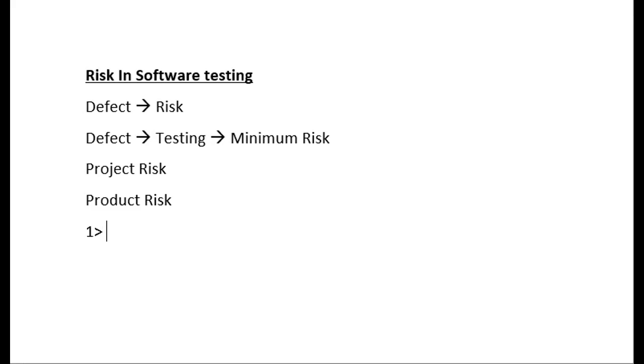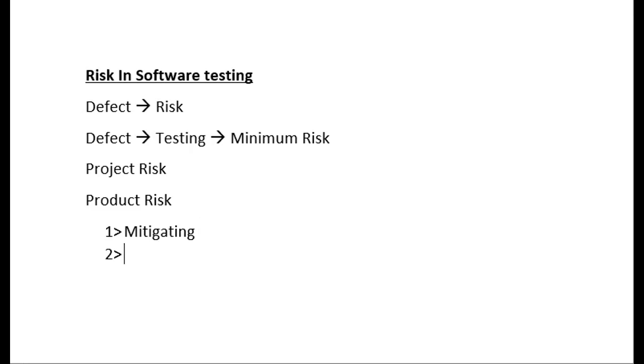First is mitigating the risk. In mitigation, we take some steps in advance to reduce the possibility of the risk, and how much impact it will produce on our product. So we are taking steps in advance for reducing the impact.